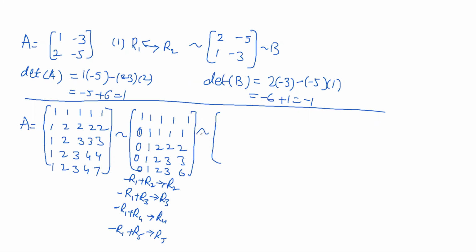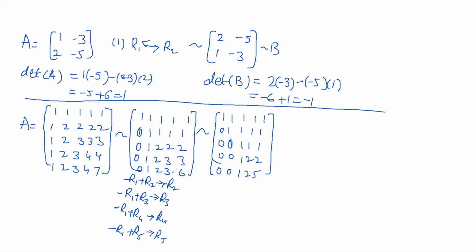Now I need to make these values 0, so it should be 1, 1, 1, 1, 1, then 0, 1, 1, 1, 1, and then 0, 0, 1, 1, 1, and then 0, 0, 1, 2, 2, and then 0, 0, 1, 2, 5.